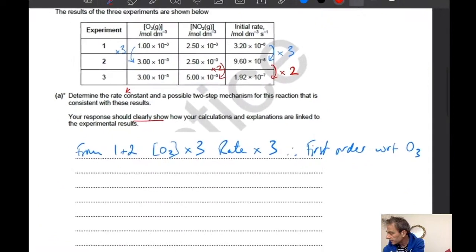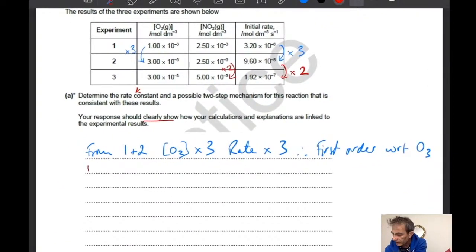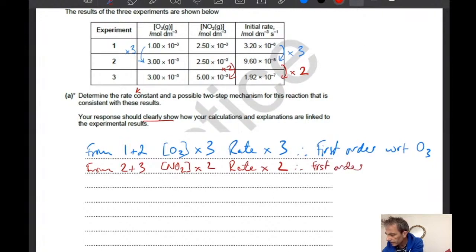Okay, so we'll just put that into words. From 2 and 3, concentration of NO2 is times 2, rate times 2, therefore first order with respect to NO2. So we've got both the orders.